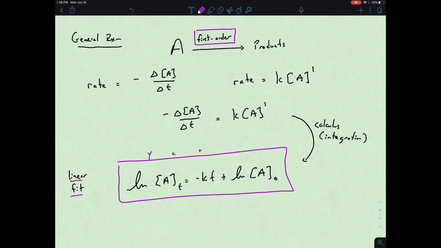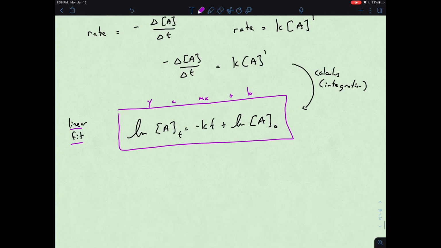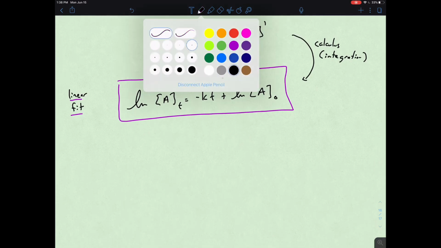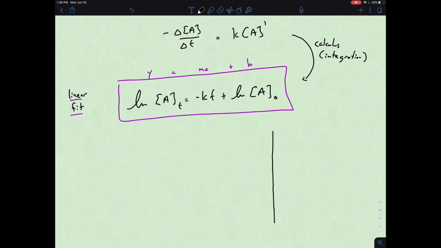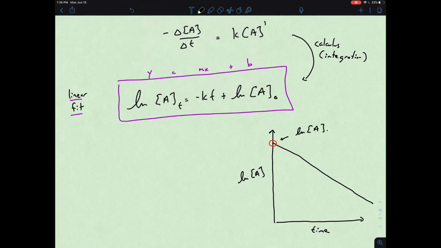And so we still have our y is equal to mx plus b motif. We're still plotting time on the x-axis, but now we're looking at the natural log of the concentration. And so we still get this negative slope as we go forward. And there would be our y-intercept, so that's the natural log of our initial concentration. And our slope here is negative k.